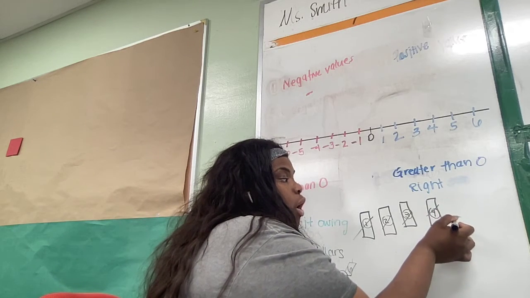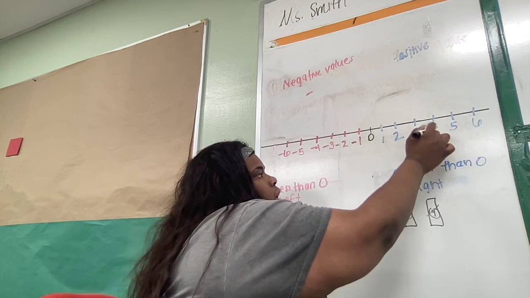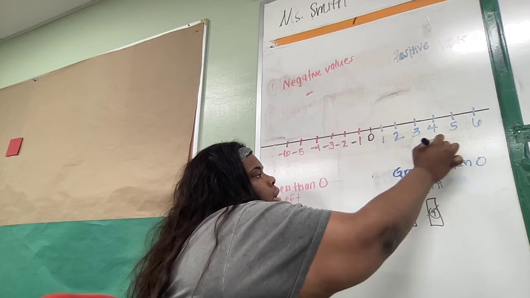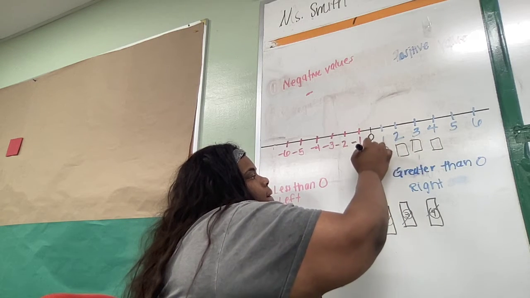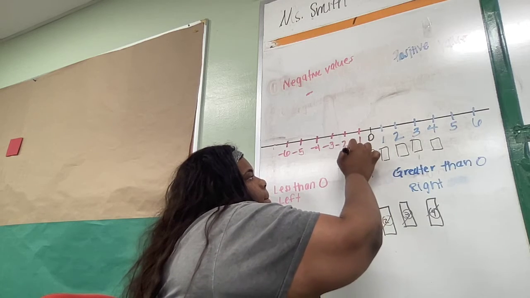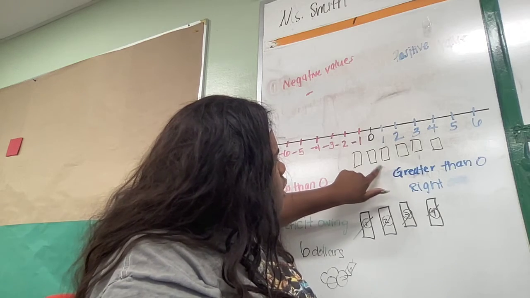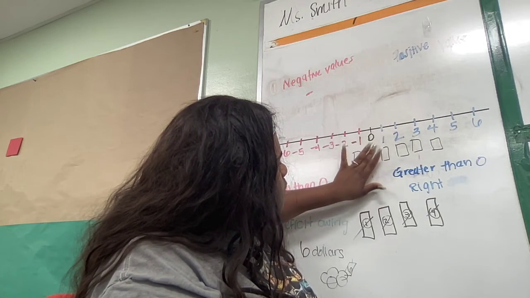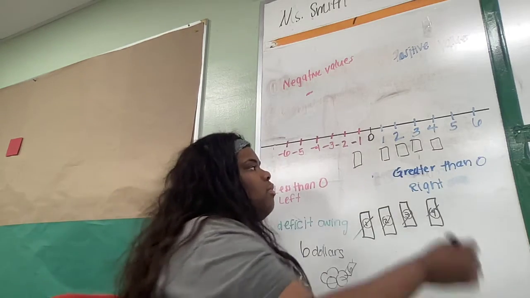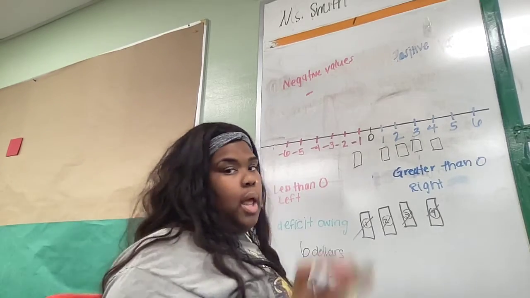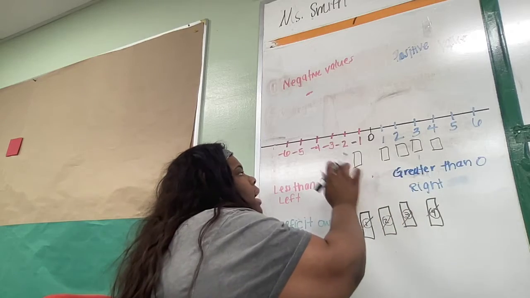But now you're going to go in the negative. So let's draw these dollars underneath the actual number line to make it easier. 1, 2, 3, 4, 5, 6.